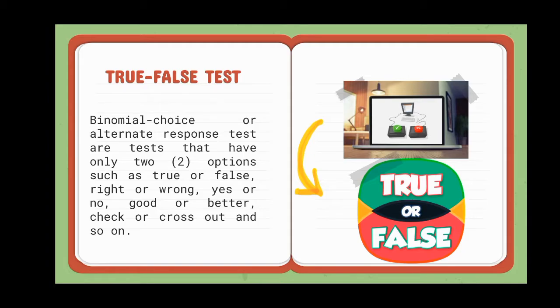A modified true or false test can offset the effect of guessing by requiring students to explain their answer and to disregard a correct answer if the explanation is incorrect. Here are some rules of thumb in constructing true or false items.